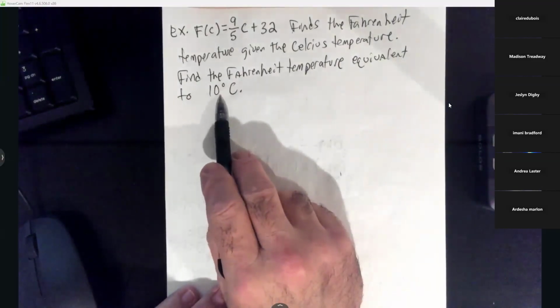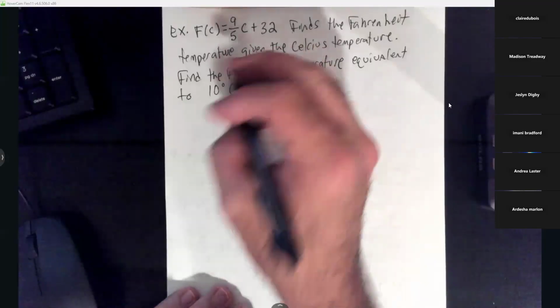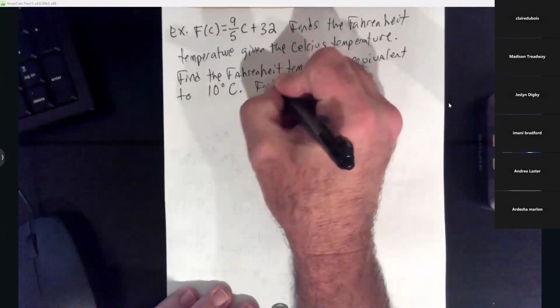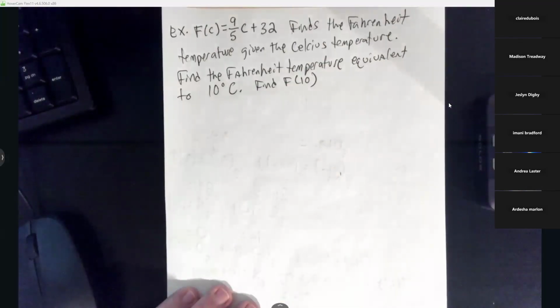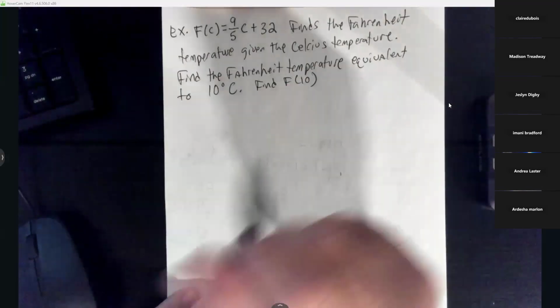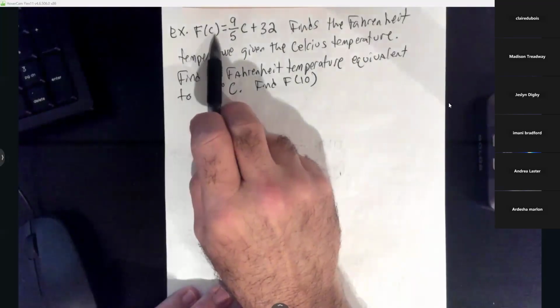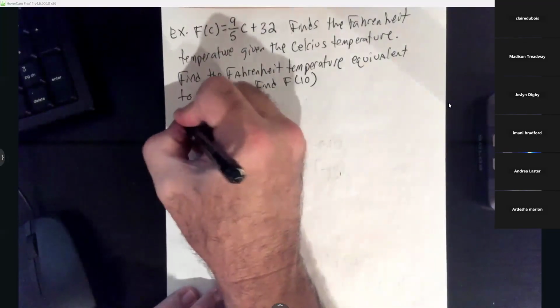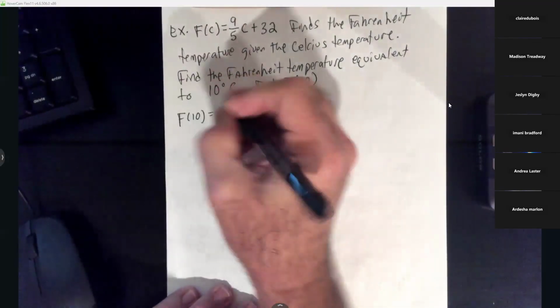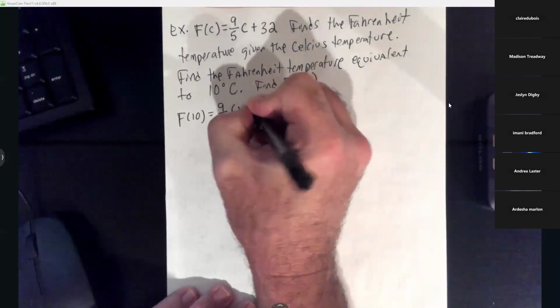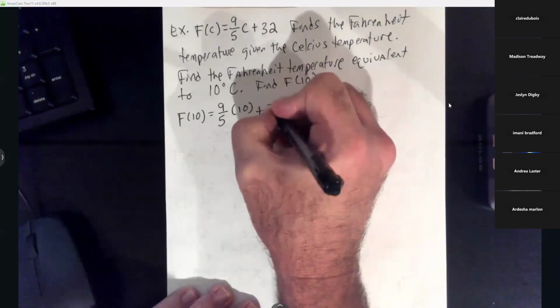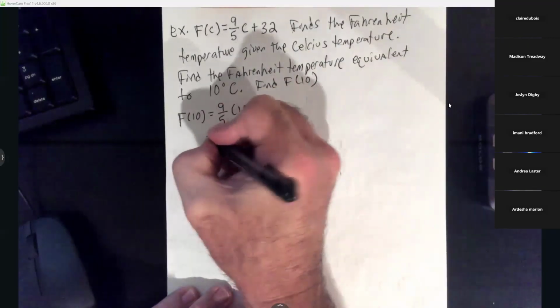So since they're telling me 10 degrees Celsius, they really want me to find F of 10. Okay? So F of 10 is going to equal 9/5 times 10 plus 32.